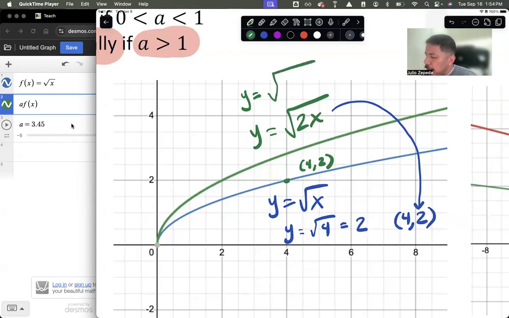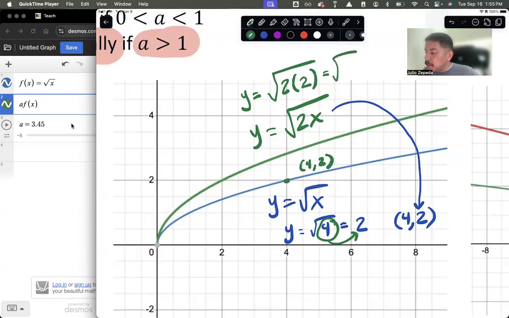Well, since I'm multiplying my x value by 2, what should my new x value be in order to get a radicand of 4? Well, I don't need x to be equal to 4 as I had in the past that produced 2. Now I only need an x value half the size because I'm about to double it and then take the square root. Okay, so we only need to plug in 2, half of the x value as before, to produce the same y value.